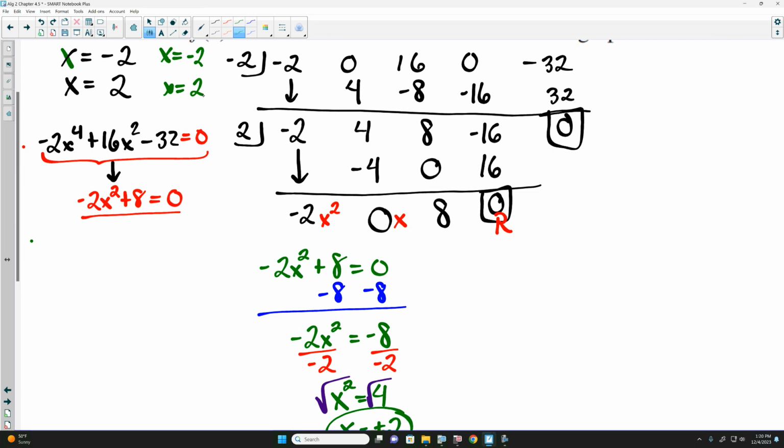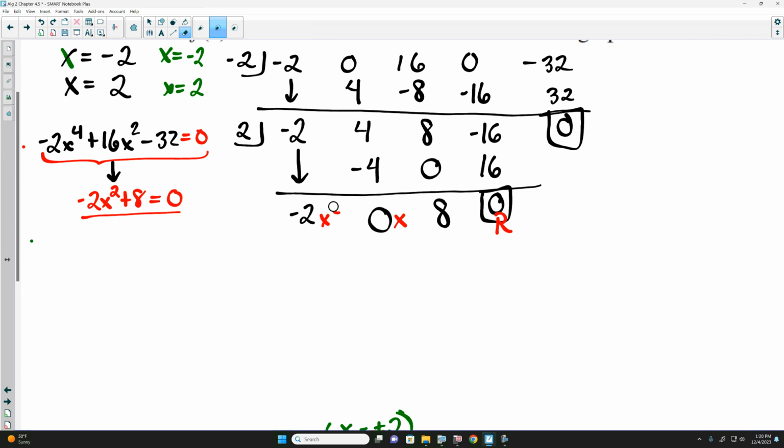But that also means, if I go back here, erase this for now. Now, you don't have to rewrite this, but we said negative 2 was the solution twice, yes?